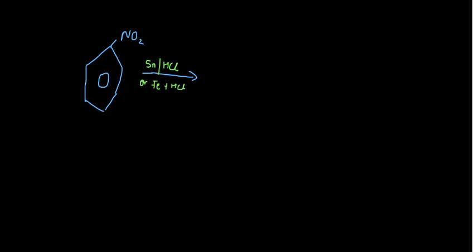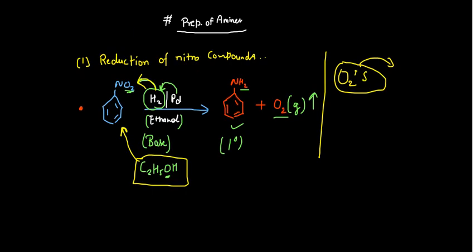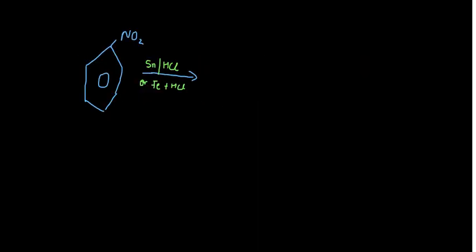Before we were using a base, now we are going to use acid. Let's see what is going to happen in this case. Let's make our benzene first. Our benzene is ready, and we are going to get NH2.